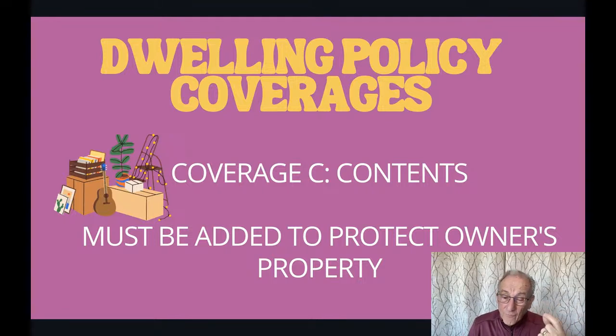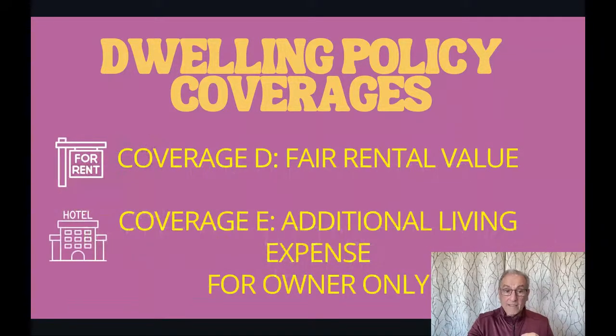However, if you live there and you want your contents covered, you have to pay for it. So we would put in the contents a premium showing we do have the landlord's contents covered. Okay. It may be added to protect, get this, the landlord's property. That's coverage C.